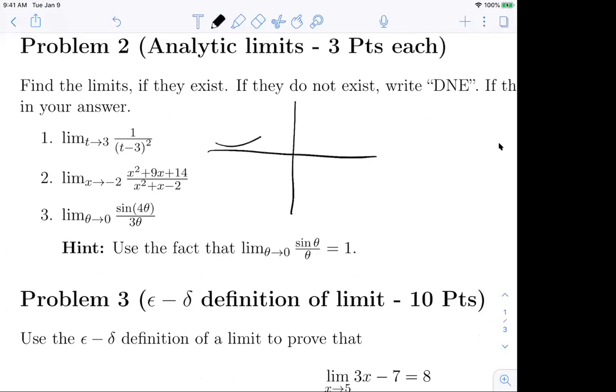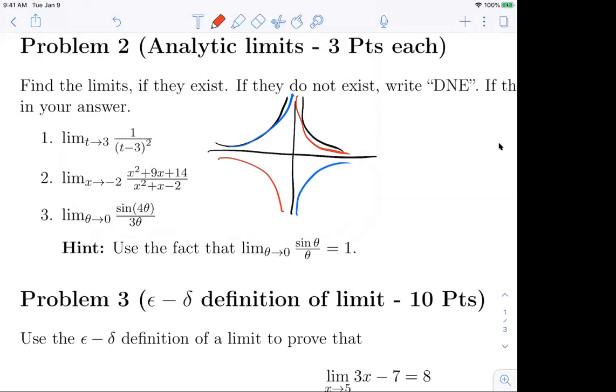We're either blowing up like this, or blowing up like this, or you could also have them both go negative. But which of these 3 cases is happening here?